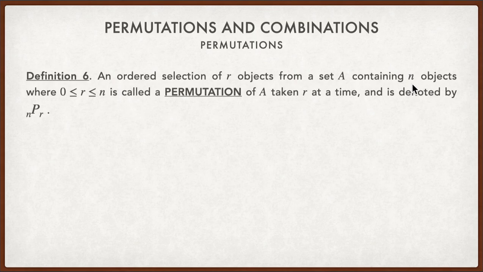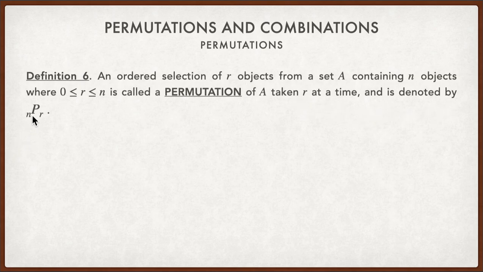So n is the total number of objects in A, and we're taking an ordered selection of only r objects, where r is less than or equal to n. r could be equal to 0, but r could never be less than 0. This is called a permutation of the set A taken r at a time.